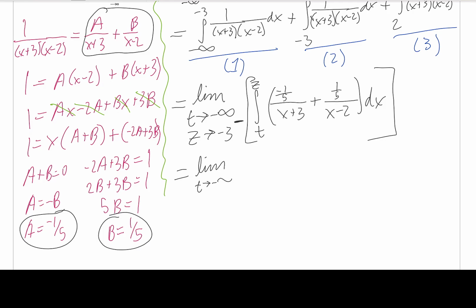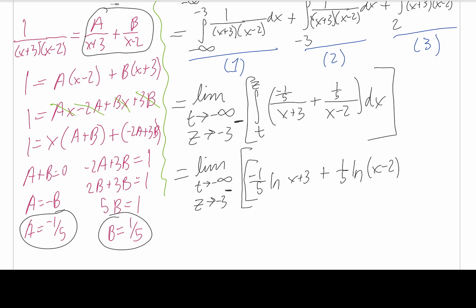So keep our limit the same. We have t going to negative infinity, z going to negative 3 from the left, and so taking the integral, we should have negative 1/5 ln of x plus 3, plus, put our brackets around it, 1/5 ln of x minus 2.